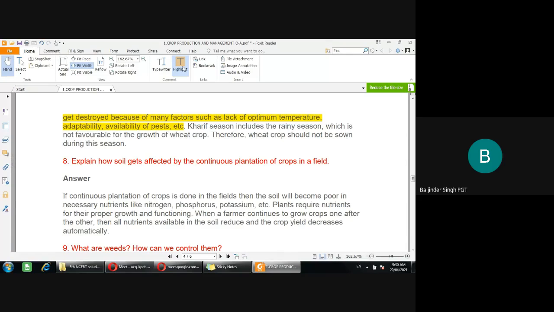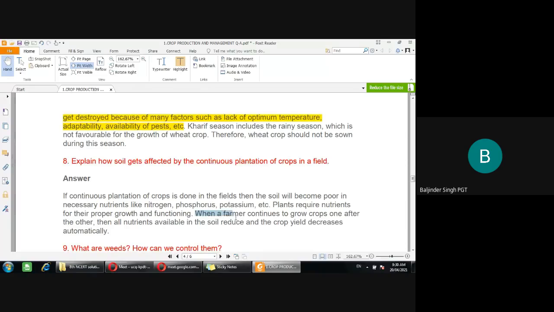If we keep planting one crop after another, a second, a third, a fourth crop, what will happen? The soil will become poor and all the nutrients will be finished, because soil also needs rest. If continuous plantation of crops is done in the field, then the soil will become poor and necessary nutrients like nitrogen, phosphorus, potassium, etc., which are required for proper growth and functioning, will be lost. We are not writing this much, we will write only this.